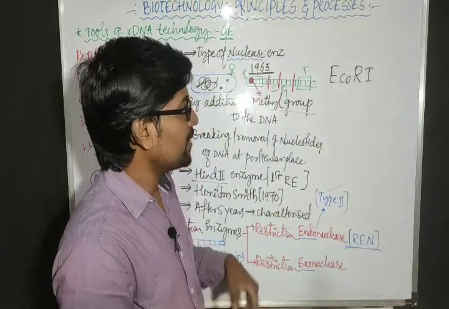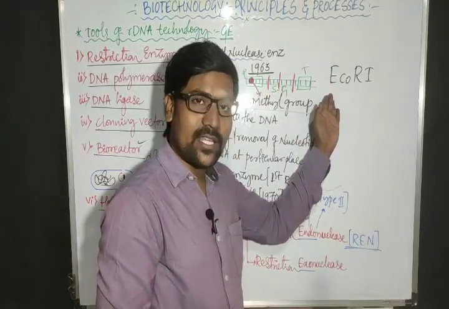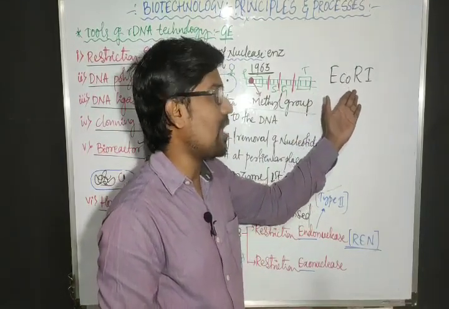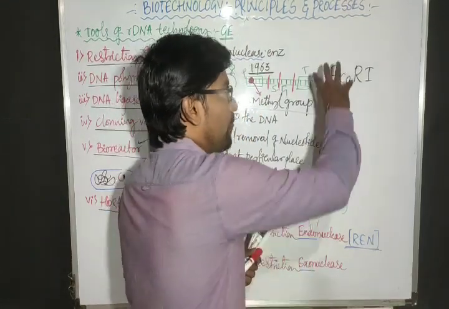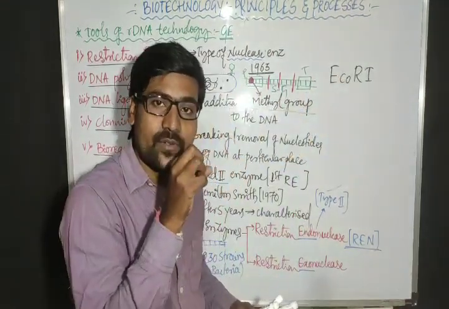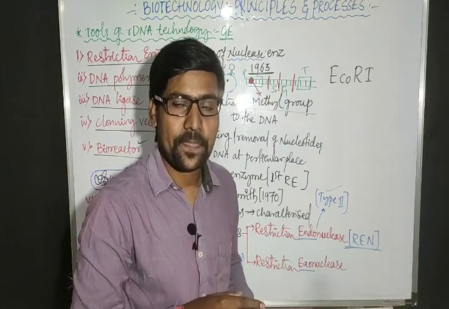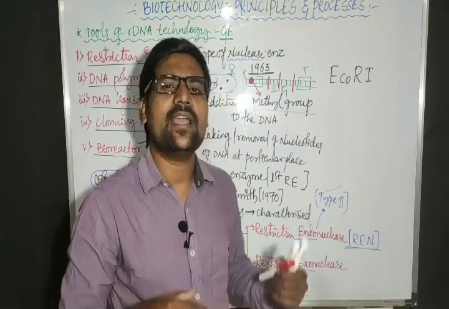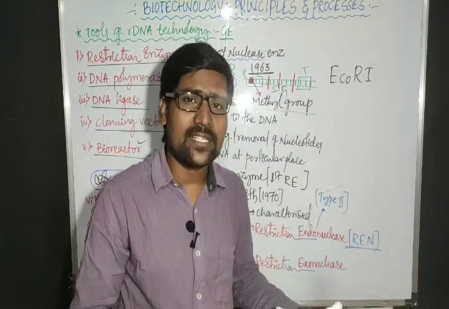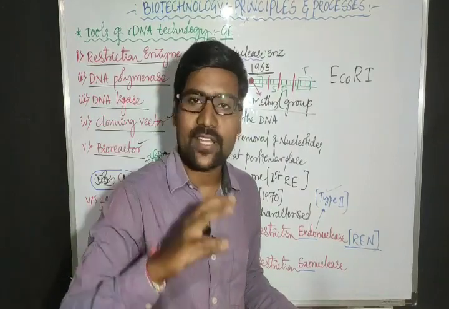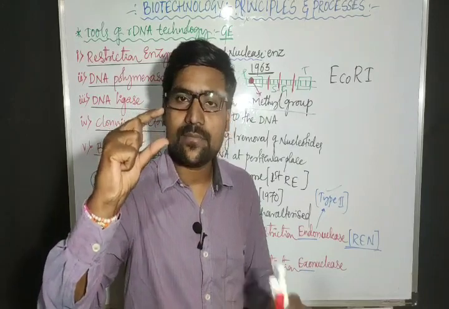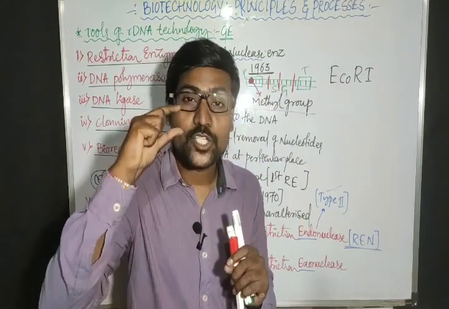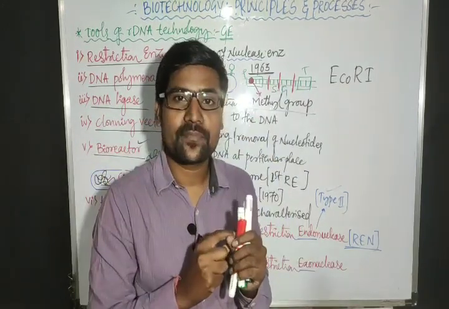Now the question will arise: what is that E, what is that Co, what is that R, what is that 1? From where are we getting the enzymes? We are getting the enzymes from bacteria, right? Whether bacteria, animal or plant, we give some scientific names. That scientific name has two terms, genus name and species name.